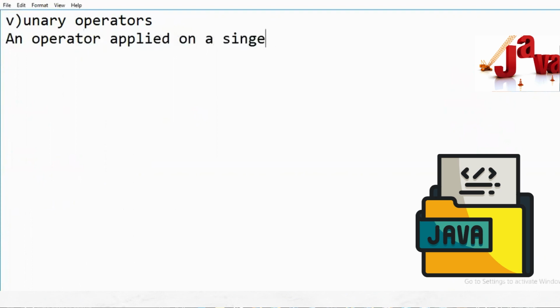What do you call this, dear friends? Unary operator. Maybe you can ask me a question, what is an operand? An operand is nothing but an expression, or it can be a variable.